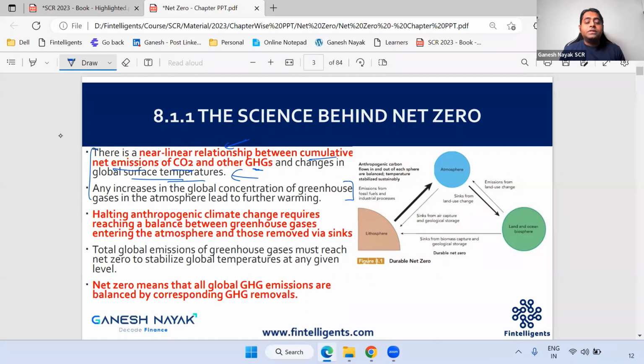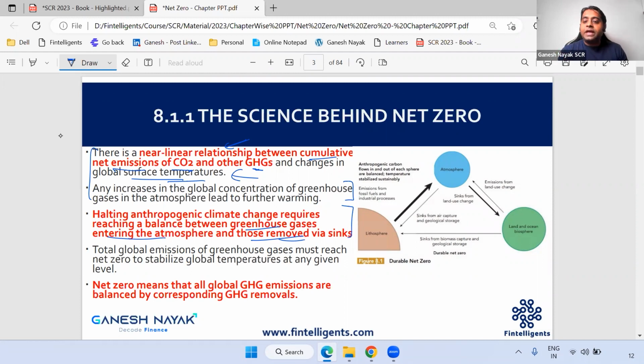The next part: halting anthropogenic climate change. What is anthropogenic? It means human driven. If you want to stop human driven climate change, or human driven release of carbon dioxide into the atmosphere, then you will have to make sure that there is a balance. If you read this section, they're saying reaching a balance between the greenhouse gases entering the atmosphere and those removed, which are called sinks.